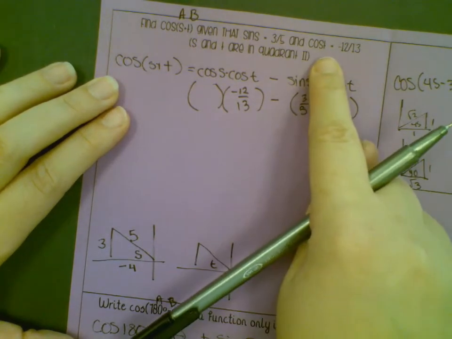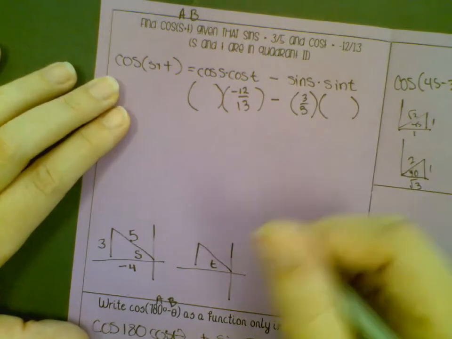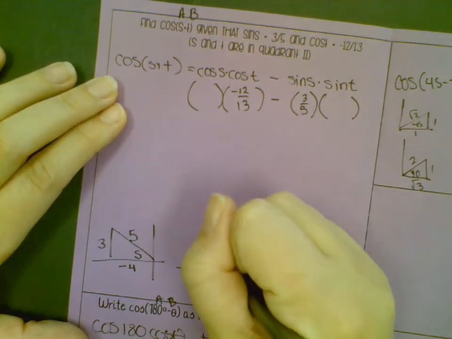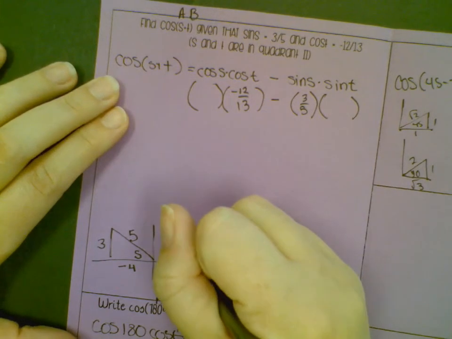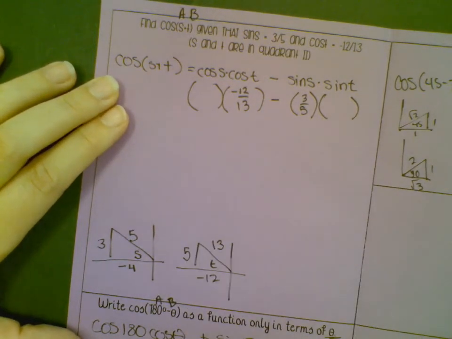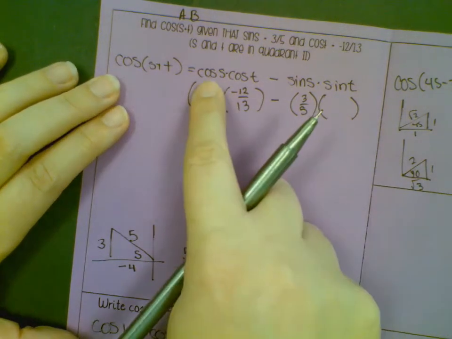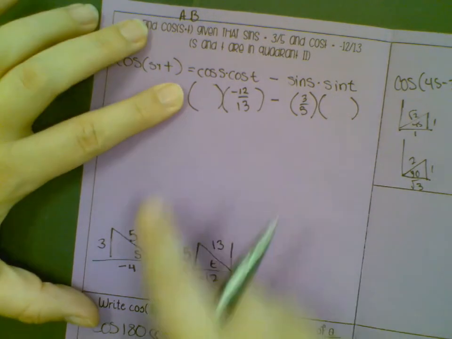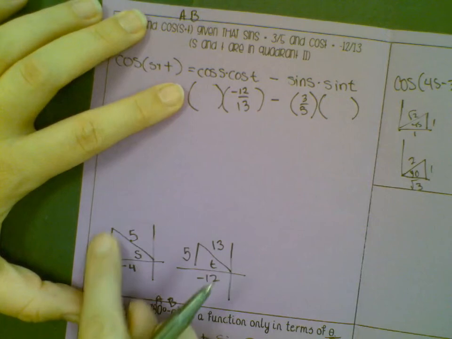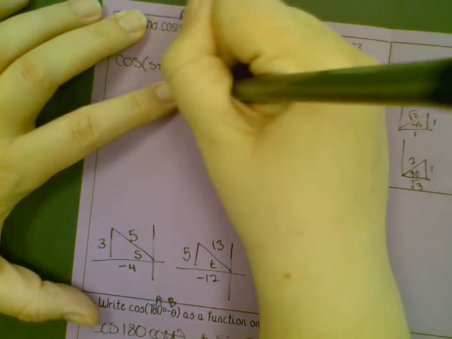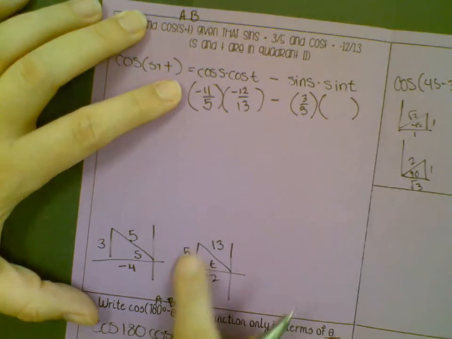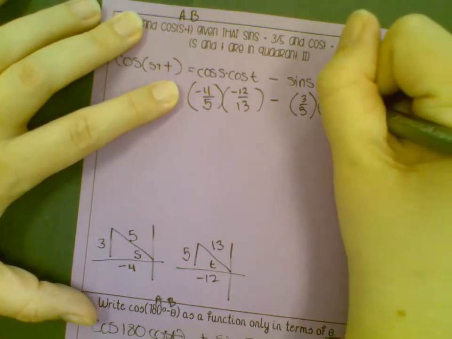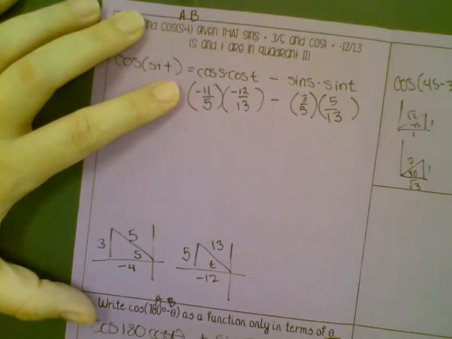They told us that the cosine of angle t is negative 12 over 13, so adjacent and hypotenuse. And if we do the Pythagorean theorem, we get that the opposite is 5. So we're missing the cosine of angle S, which would be negative 4/5. And then the sine of angle T would be 5 over 13.